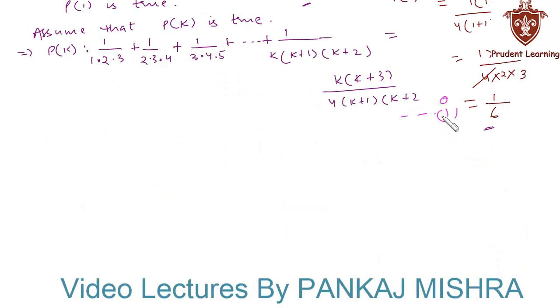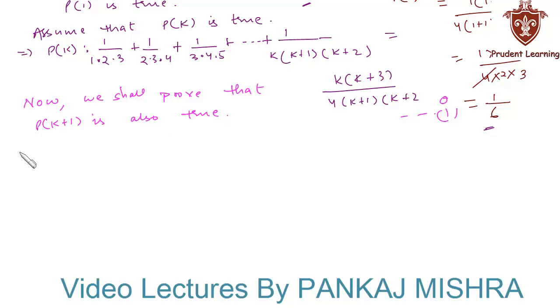In our last step, that is the generalization step, we will try to prove that P of k plus 1 is also true for the given statement. Now we shall prove that P of k plus 1 is also true.